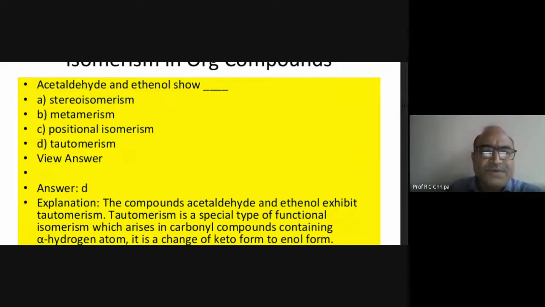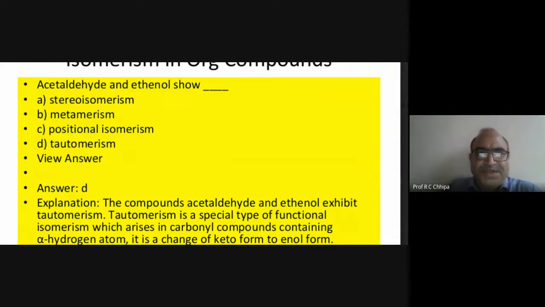Therefore they exhibit, the correct answer is tautomerism. In the case of tautomerism, acetaldehyde is CH3, carbon double bond oxygen and hydrogen, this is CH3CHO.